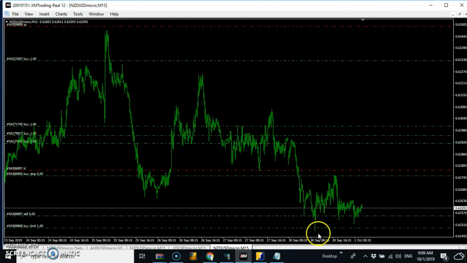It ends up here doing all this consolidation stuff like this. The final result of this move, with this double bottom, triple bottom, or this shoulder, shoulder, shoulder, and head inverted, the end result of this move is it is going up.